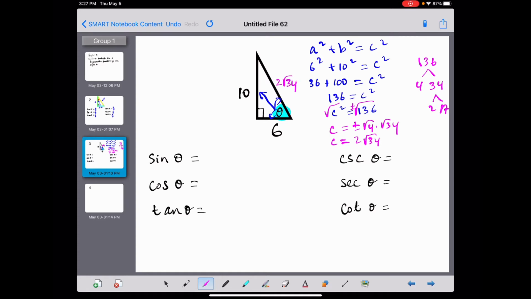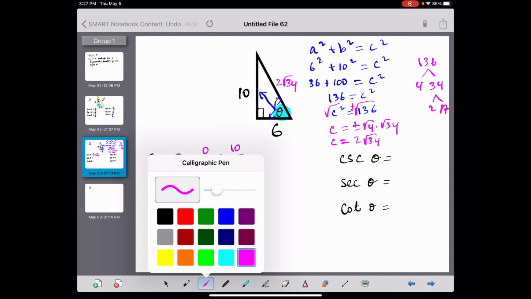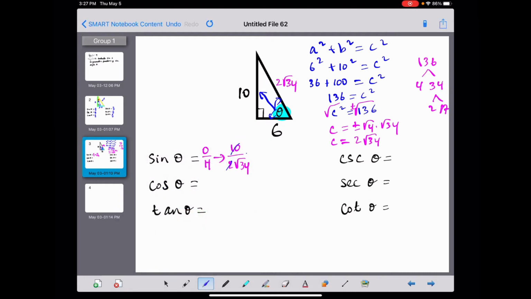Now we have enough information to find all the 6 trig functions. Sine theta is opposite over hypotenuse, and opposite is 10 over 2 square root of 34. Notice 10 and 2 are the outside numbers, and we can reduce this further, so we have 5 over square root of 34. We're not done yet.